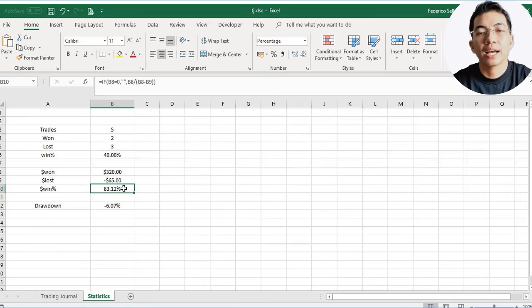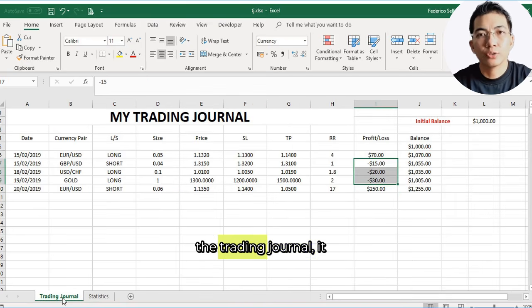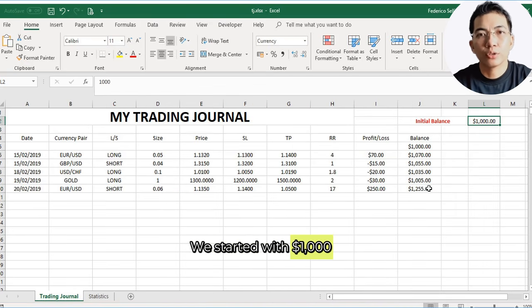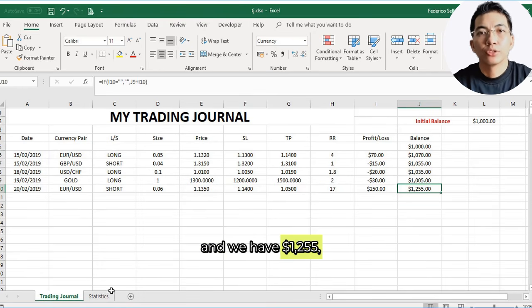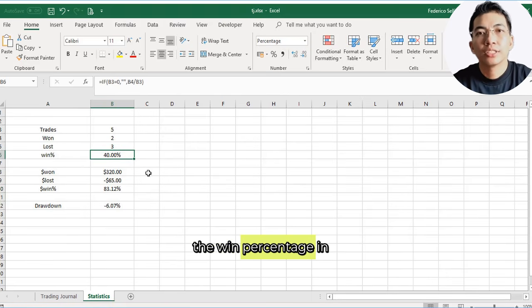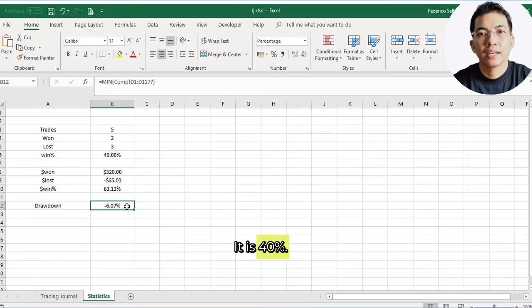In this case, we have 83.12%, so the strategy is making money, and if we check the trading journal, it is like this. We started with $1,000 and we have $1,255, so this is making money. But if you check the win percentage in terms of trades, you might get confused because it is below 50%, it is 40%.